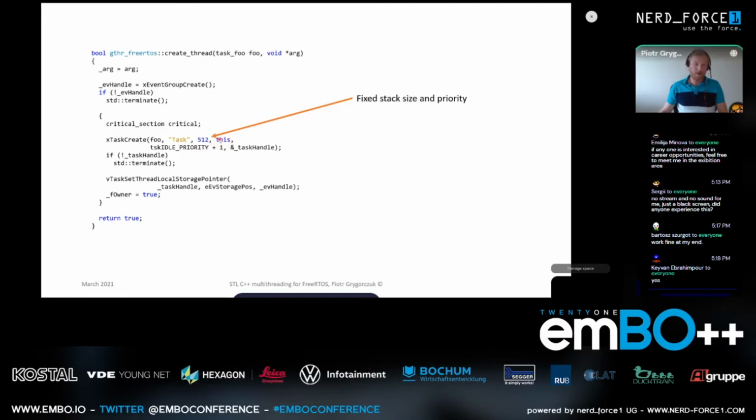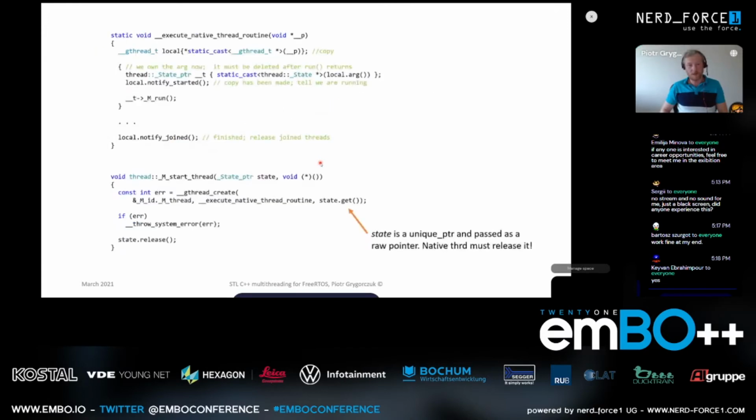And I'm passing my class instance pointer, which will come as an argument to that function there. So that's how the thread is created. And here is the implementation of the merging point with this thread class.